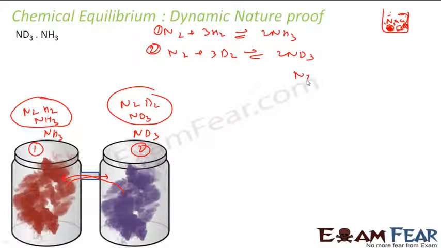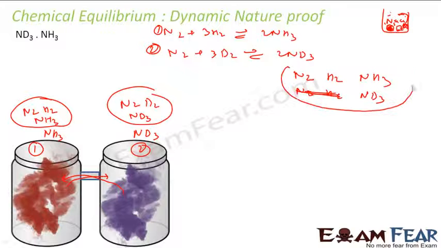It will have N2, H2, NH3 from the first, and N2, D2, ND3 from the second. Removing the duplicates, we should have 5 different chemical compounds: N2, H2, NH3, D2, and ND3. Because they were already in equilibrium, and now also they are in equilibrium, they should not react, if we assume that it is not dynamic.